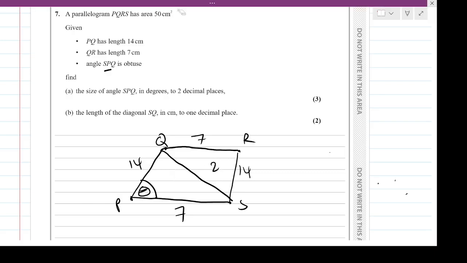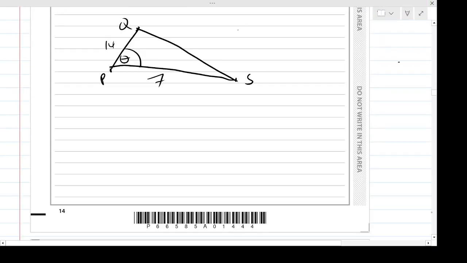They halve. So each triangle would be 25 centimeters squared, and the two areas add to 50. So additionally, I know the area is 25. What can I invoke here? I can invoke the formula: area is a half ab sine C.